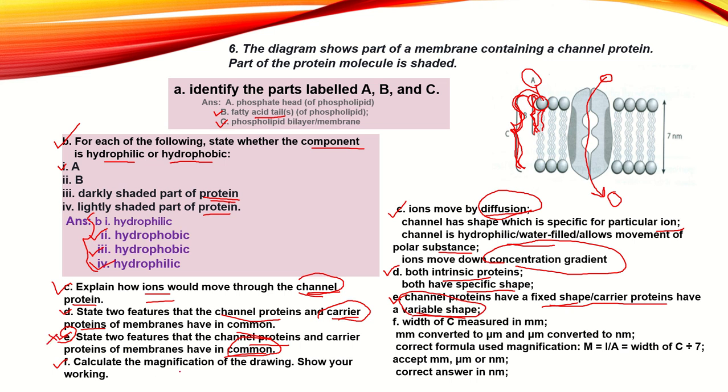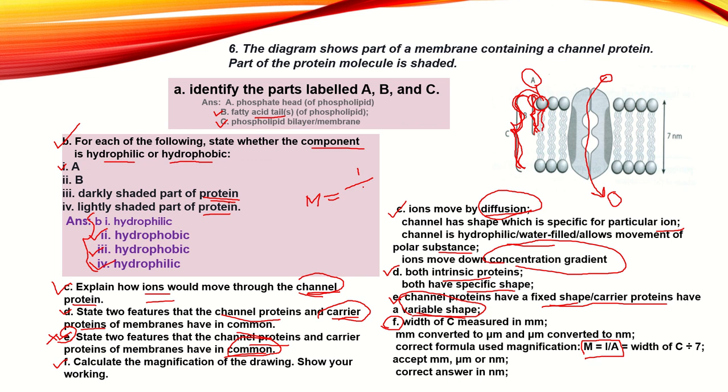And number F: calculate the magnification of the drawing. Show your working. Here, C is measured in millimeters. I already made a video on how to calculate magnification. M equals I divided by A, this is the formula, you must remember that.